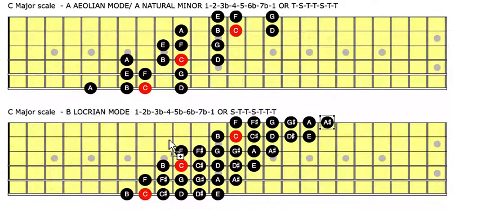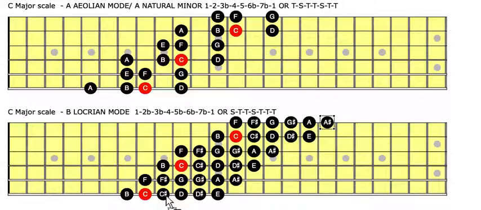Then we go to the seventh mode of the C major scale. It starts on B, the note B. So we populate the fretboard with the B chromatic scale, 6 notes per string. And here we go.